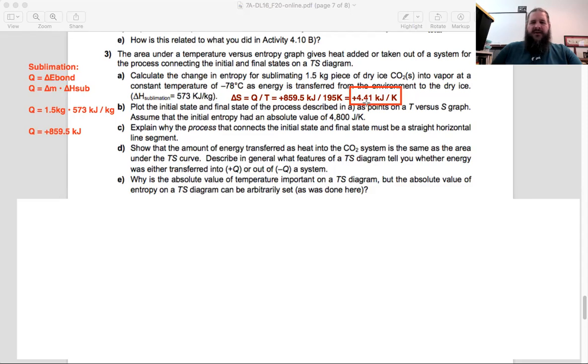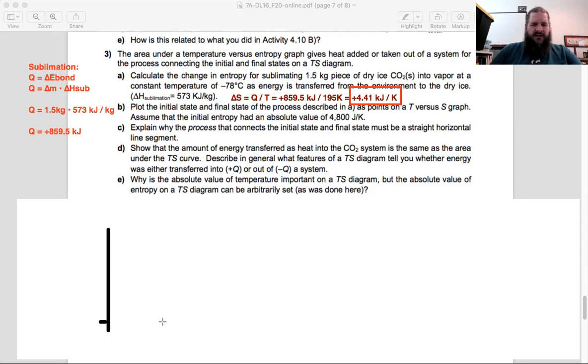Any questions on that so far? And then if we want to plot that on an energy versus temperature graph, we can draw out this graph. Let me set up some axes.